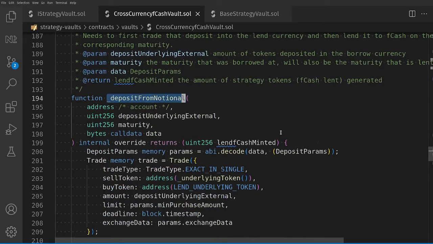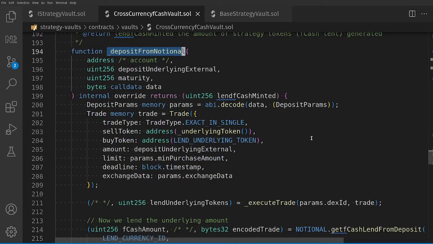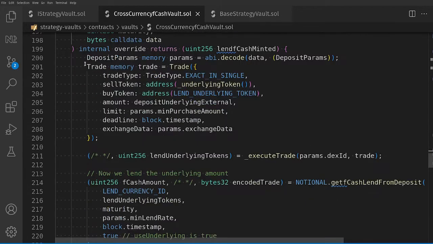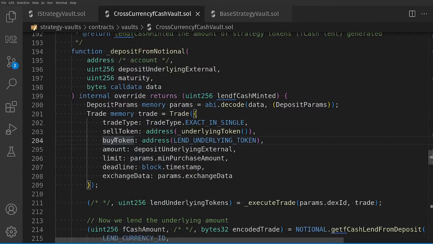So now we'll look at deposit from notional. This method is going to be called by notional when funds are being deposited and the strategy token balance should increase. So what we'll do is we'll create a trade struct here. What we're doing is we're selling the underlying token, we're selling the borrowed currency that we're depositing, and we're purchasing the currency that we want to lend.